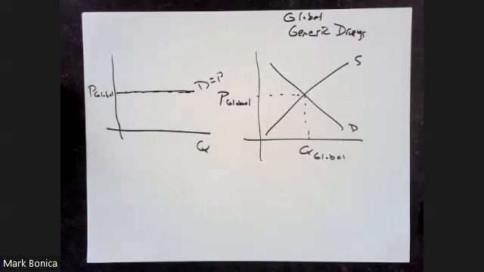If I can sell 1 unit at, say, 2, I can sell 2 units at 2, 3 units at 2, 4 units at 2, 10,000 at 2 each, right? Or in other words, I can sell 1 unit for $2, 2 units for $4, 10 units for $20. What's my marginal revenue? What's the additional revenue I get from selling 1 more unit?